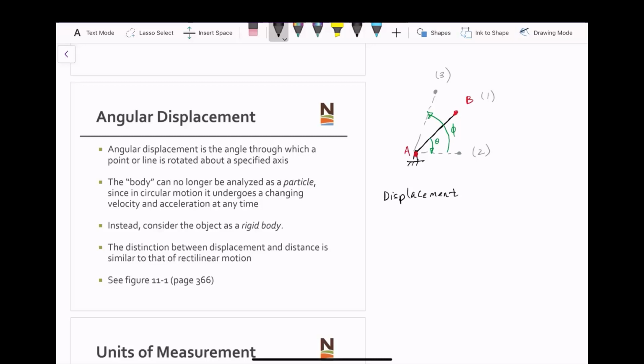And so the displacement between points 1 to 3 would be phi minus theta, whereas the total angular distance traveled, remember distance instead of displacement is just a scalar, so the angular distance between 1 to 3 would instead be theta plus phi.